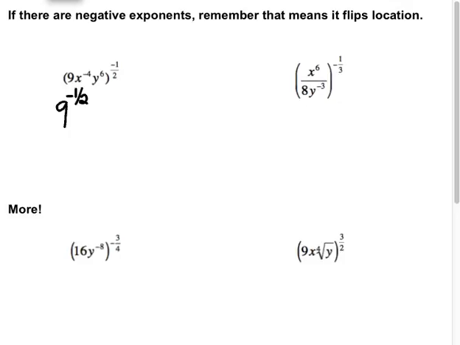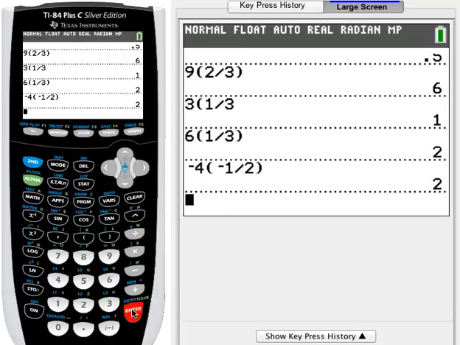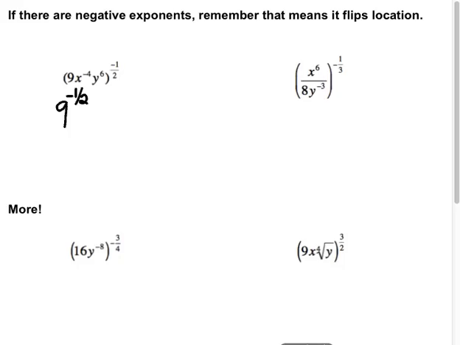Power of a power, well, negative 4 times negative 1/2. That's going to become a positive 2. So the x is going to become an x squared. And the y, well, let's look at what happens to the y.